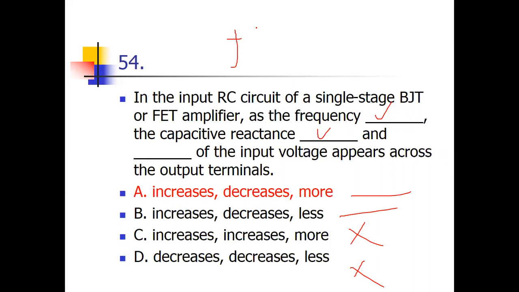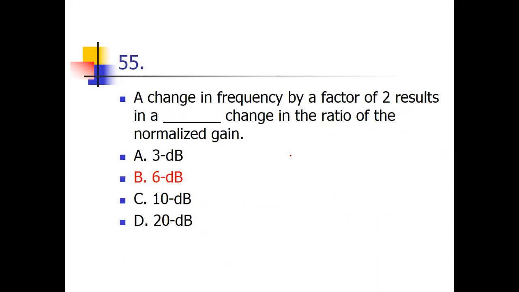If frequency increases, capacitive reactance decreases, and if frequency decreases, it increases. But if frequency increases, more input voltage appears at the output terminal. Definitely for high frequency, high input voltage will be there. So the option is: decreases, increases more.